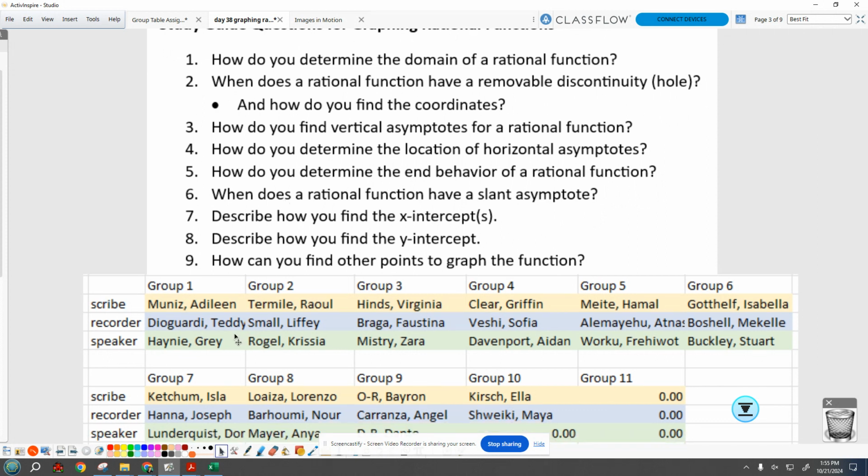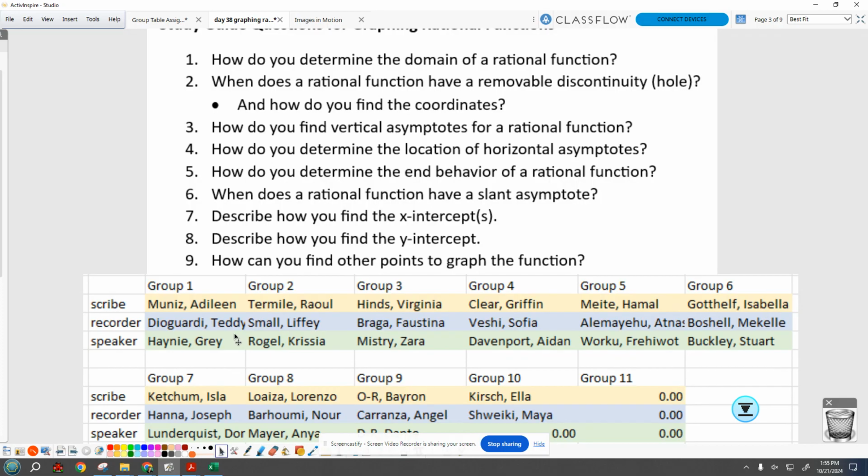Okay, so, Scribe, Adeline, Group 1, can you put up how we would do the domain? Scribe for Group 2, Raul, can you put up how we determine if a hole exists? Virginia, Group 3, how do we find the x value of where the hole happens? Group 4, Griffin, can you tell us how to find the y value? Group 5, Hamal, can you write up how we find vertical asymptotes?